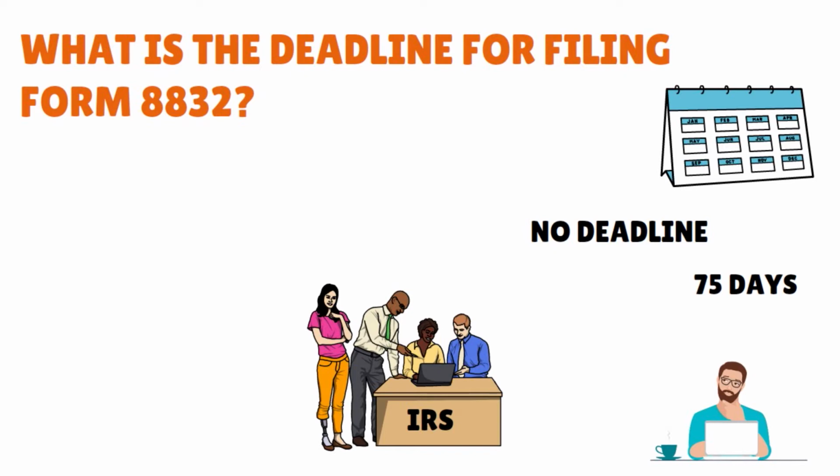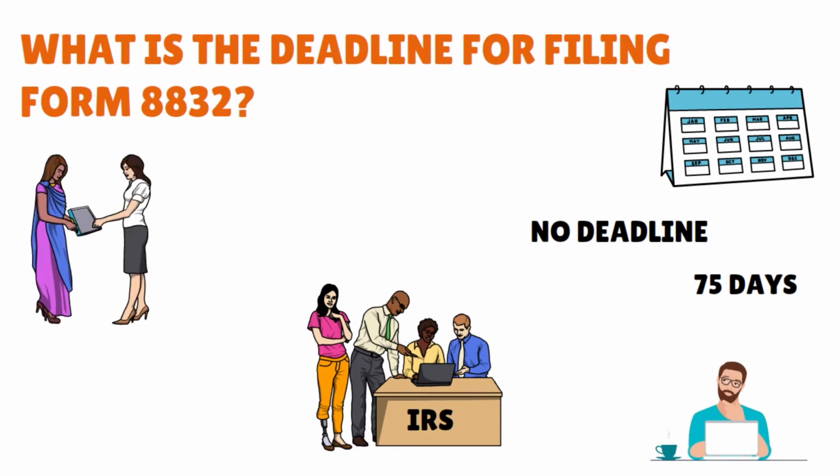And let me just repeat that this is very important. Your new classification cannot take effect more than 75 days prior to the date the election is filed, or later than 12 months after filing, according to the IRS. And so, if we were to give an example, let's say you file an election on January 30th.